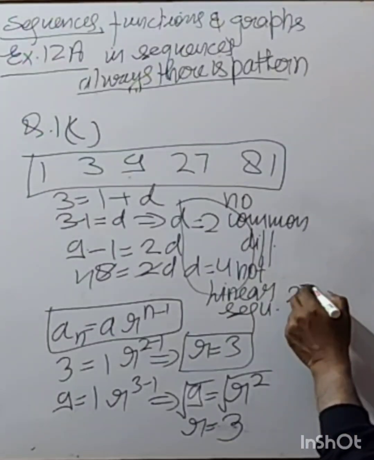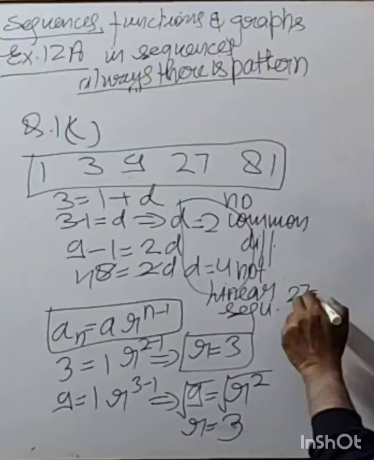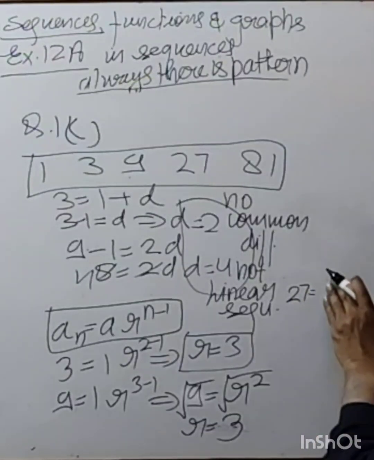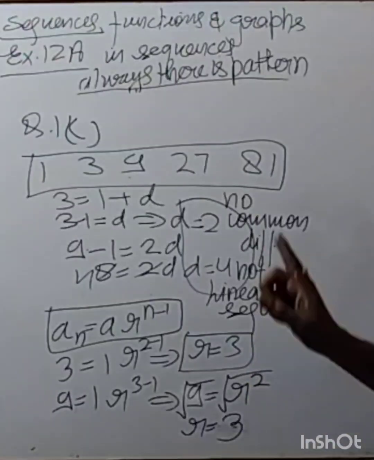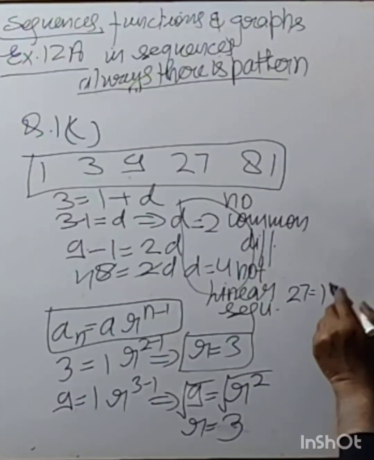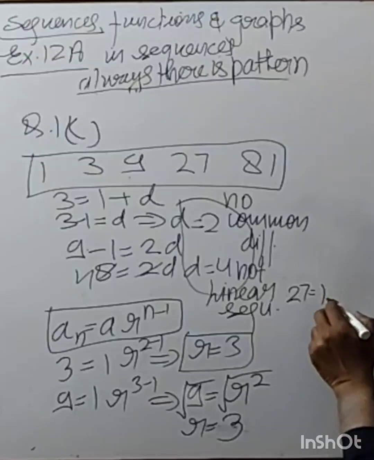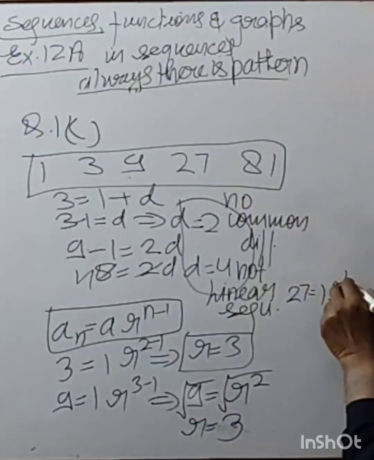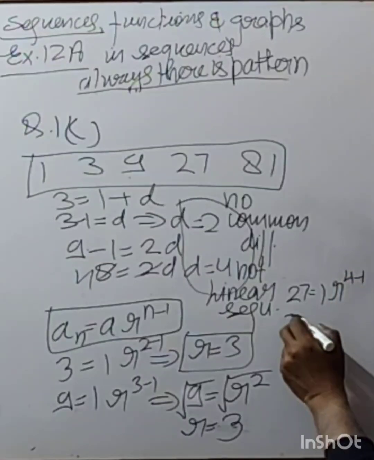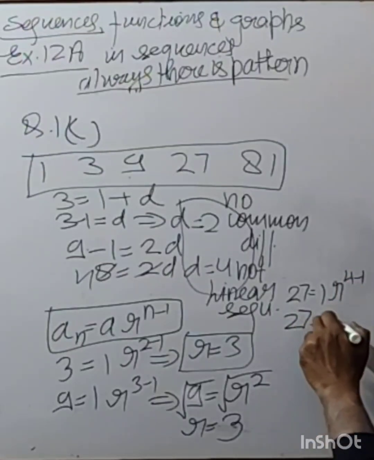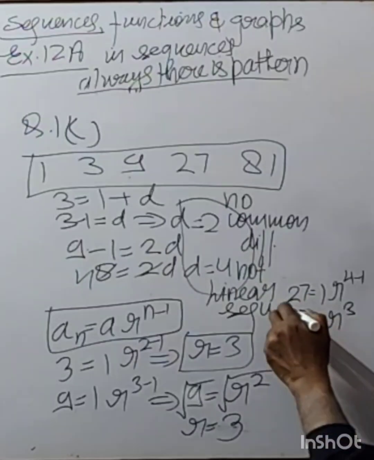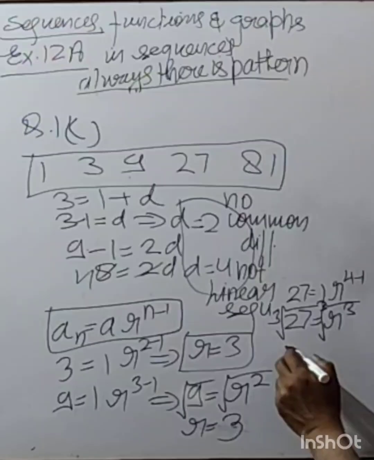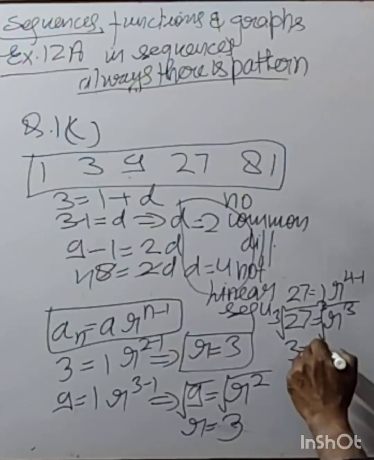Now 27 is equal to 1 times r raised to the power 4 minus 1. So 27 is equal to r raised to the power 3. Taking cube root on both sides, we get 3 is equal to r.